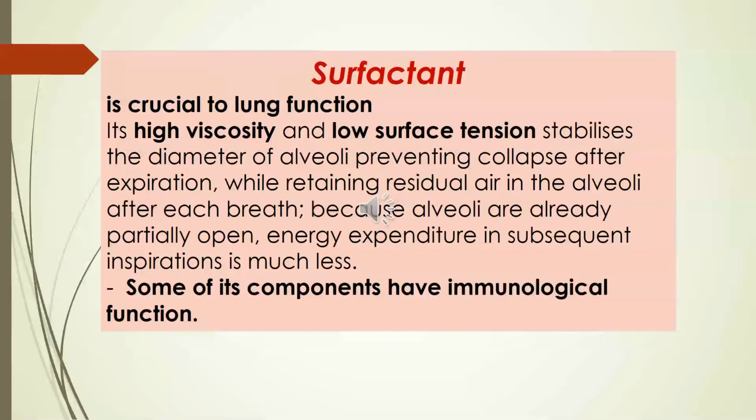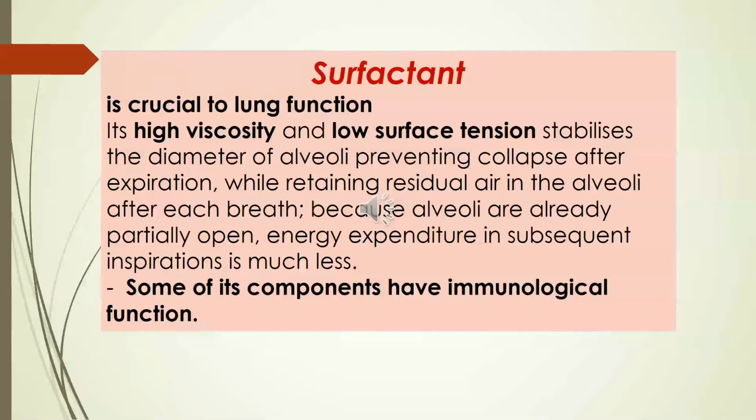Surfactant, a component of pneumocyte type 2 present in the form of lamellar bodies, is a very important phospholipid that can prevent collapse of the alveoli on expiration. It allows the alveoli to retain some of the air after expiration, so it prevents their collapse, and it facilitates their distension with the next inspiration.